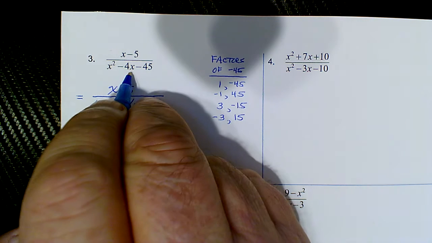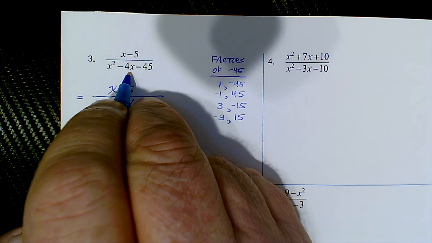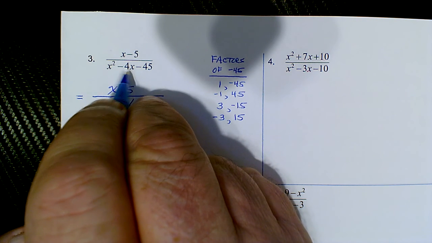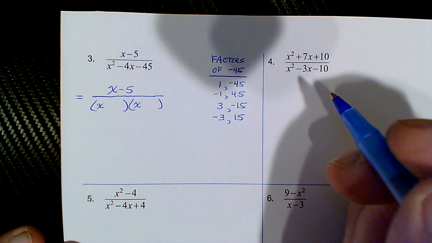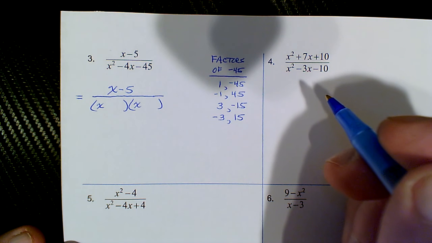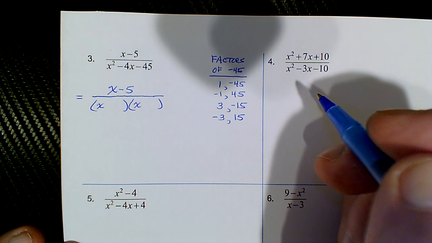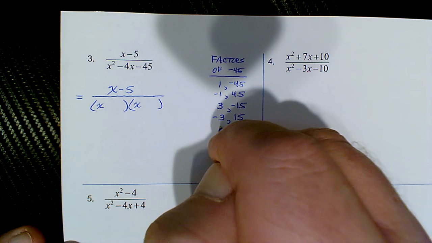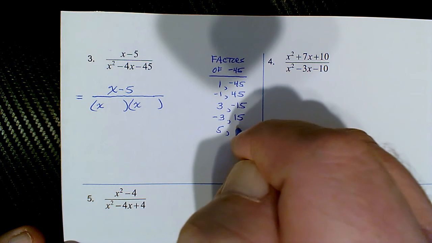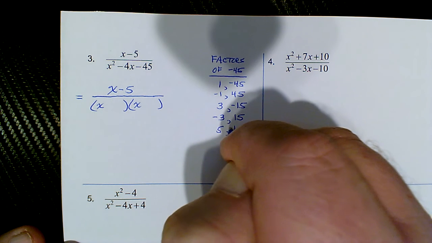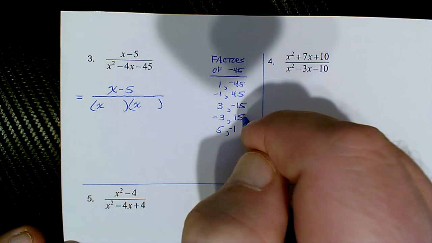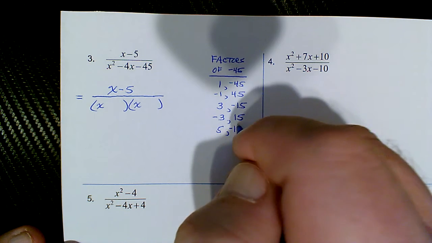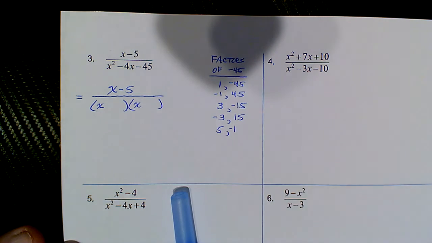But those are no good, because again we're looking for the 2 factors to combine to give a negative 4. So then let's see, the next pair would be 4 doesn't divide into 45, 5 does. 5 and 9, excuse me.